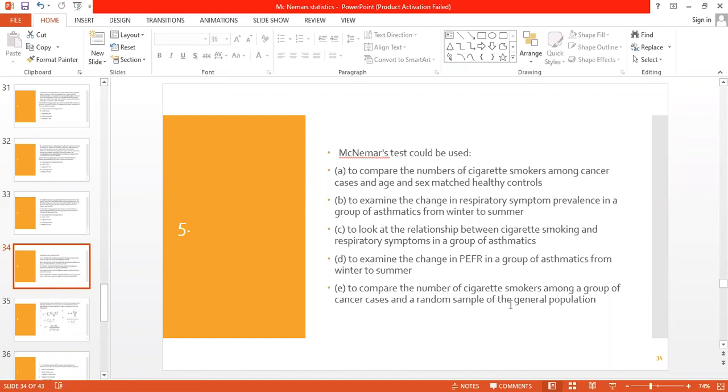A is the right answer: to compare the number of cigarette smokers among cancer cases and age- and sex-matched healthy controls.